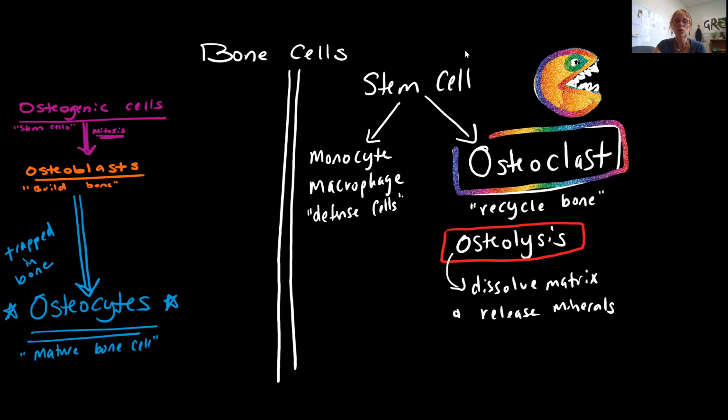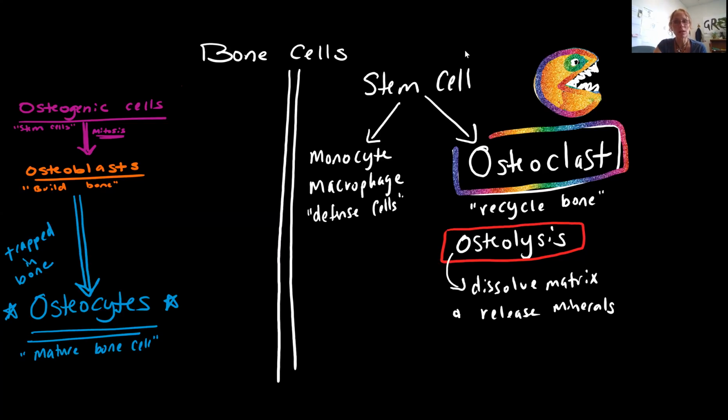Monocytes are going to be important white blood cells that perform phagocytosis. Your osteoclast is kind of doing a form of phagocytosis. Now, it's not engulfing the bone and digesting it that way, but the osteoclast is going to be involved in what is called osteolysis. So let's break down. Osteo would be bone, lysis is, of course, to break apart.